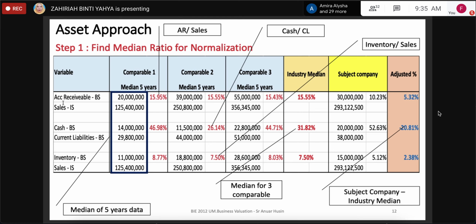You put the account receivable, get the median, just the median for 5 years, and then you do adjustment for your subject company.